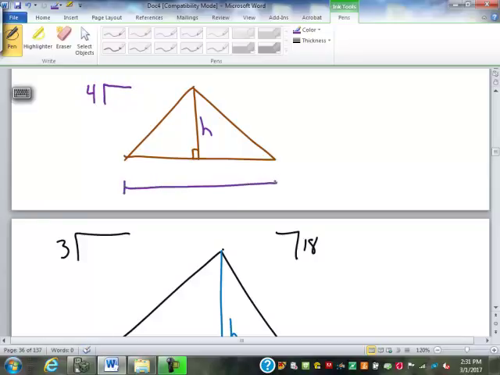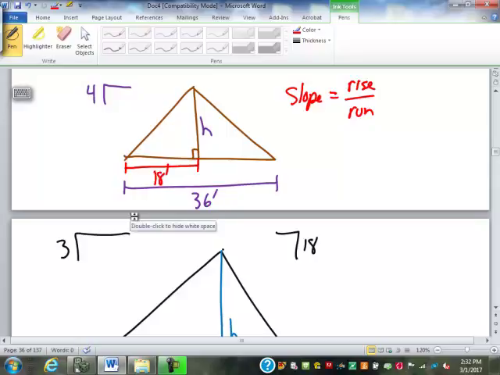And you need to know the span. So let's say this is a 36-foot span. Technically, what I need off of that span is not the span, but the run. That slope goes off of a rise and a run. So the run here is going to be half of the span, half the 36, 18 feet. It's the distance from one end of the truss to the peak.